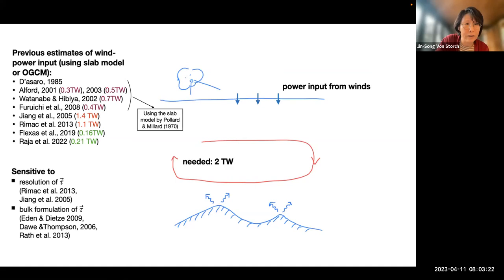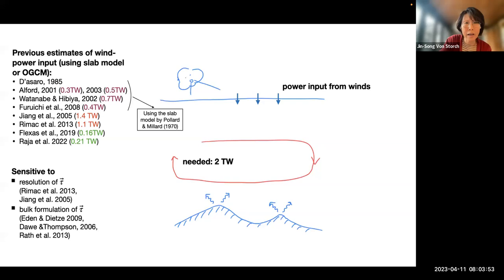The power input depends on the resolution of the wind, in particular temporal resolution, and also on how the wind stress is formulated. If you use a bulk formula that takes into account the relative velocity, rather than just using a reanalysis or wind stress product, that gives you different results.